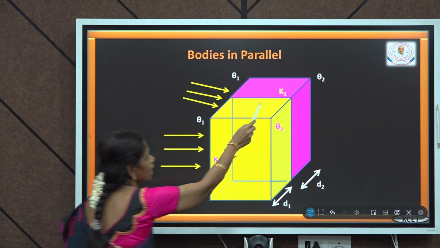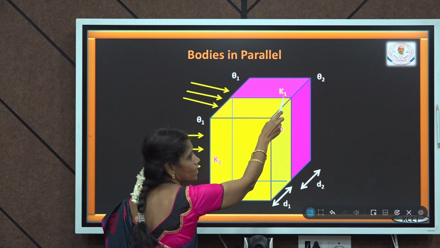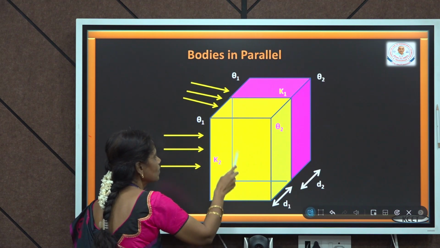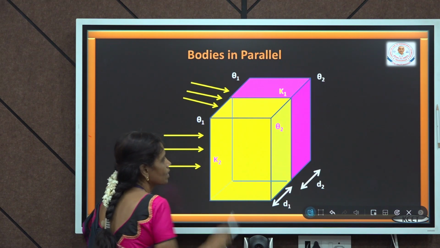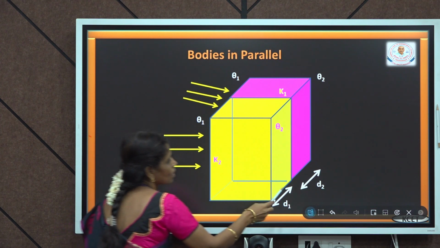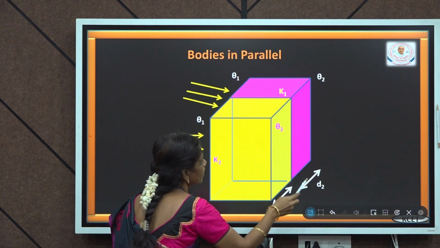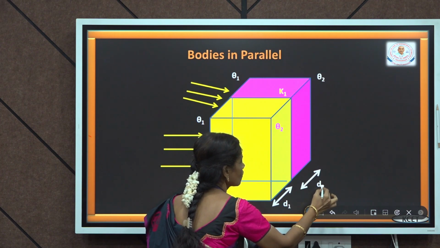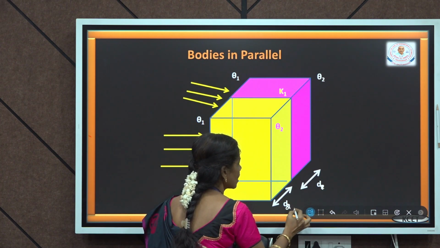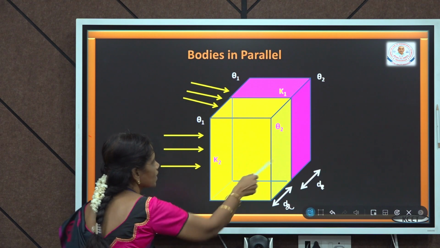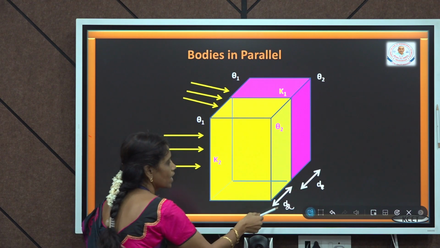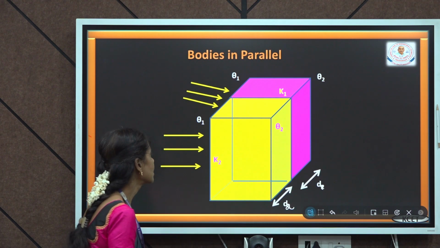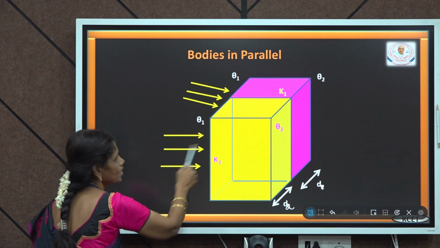The first material has thermal conductivity K1 and the second material has thermal conductivity K2. The thickness of the first material is D1 and the thickness of the second material is D2. Here the heat is applied.